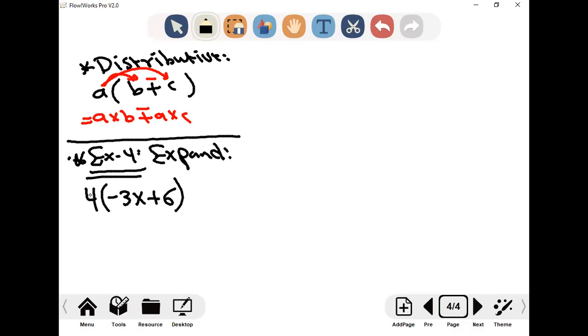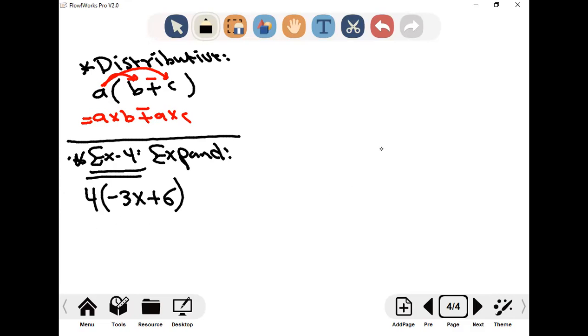So I will multiply the 4 with the negative 3x and with the 6. Here in multiplication, I don't care. Are the 4 and the negative 3x like? No problem, we said we cannot add or subtract. We didn't talk about multiply, right? So I can multiply the 4 with negative 3x. How? I multiply the number with the number and the variable comes down beside it.